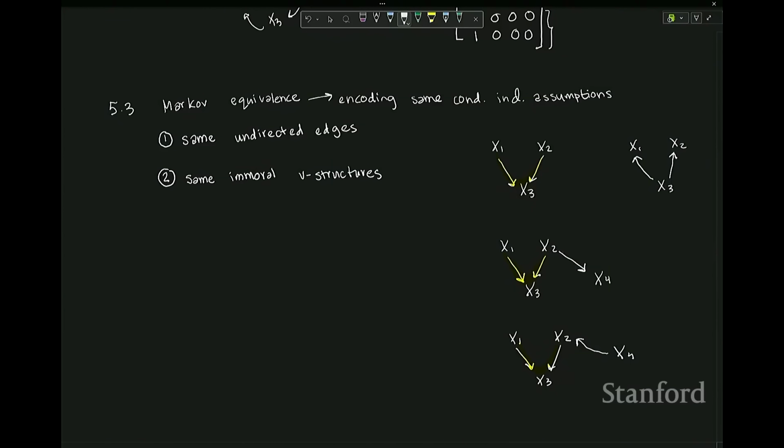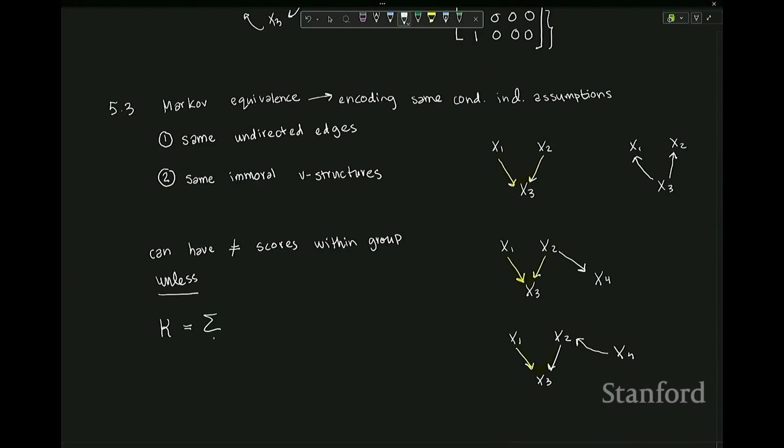Although, as a note, two graphs in the same Markov equivalence group can have different scores within the group, unless, and this is a kappa. It's clear in the book, but that's not a k, it's a kappa.